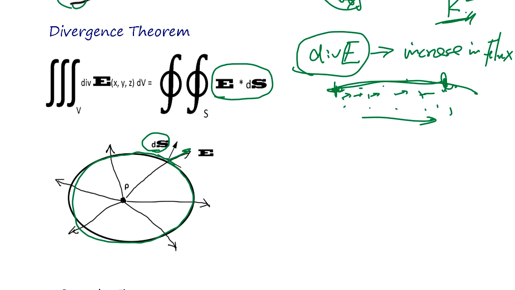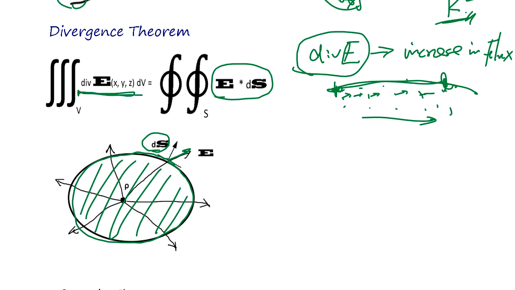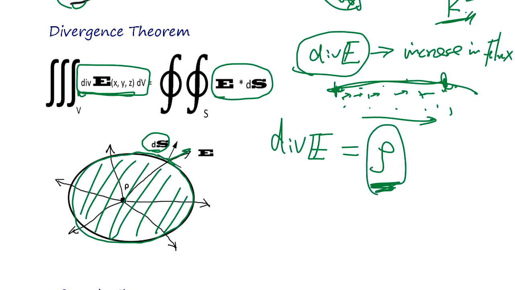Then we can tell how much flux the vector generator produces inside a closed surface. Because the divergence of E tells you the amount of flux generated, you take an integral of it by volume, and that's the amount of flux coming out from this closed surface, which is E integrated over the surface.